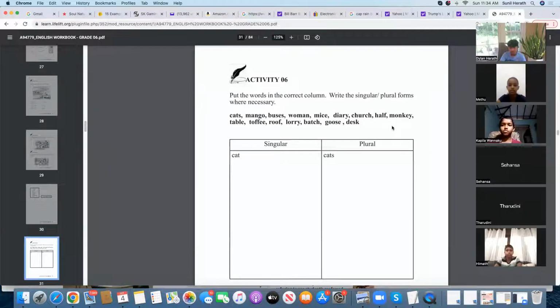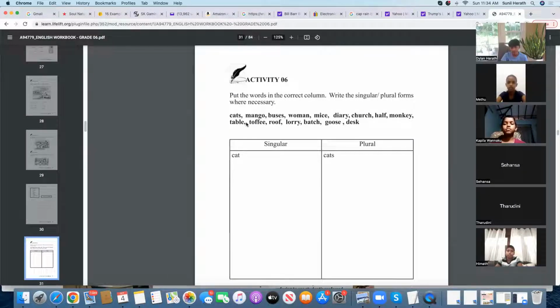Because there is a vowel before the Y. Yes, exactly. Here in diary, there's no vowel. R is not a vowel. So you would have had an S. That's a perfect explanation, Tardindi. Does everyone understand that? Yes. Good. Thank you.